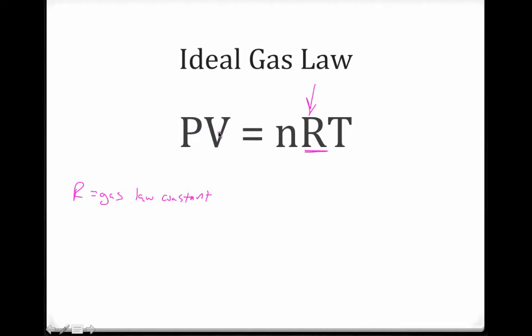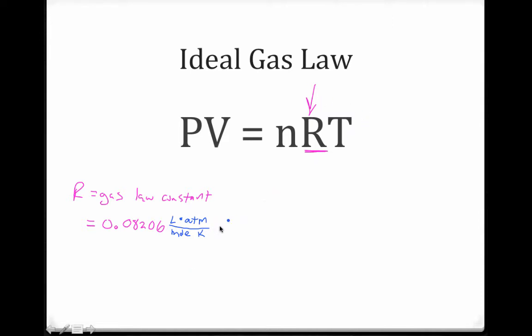They recorded pressure, volume, numbers of moles, and temperatures, and solved for that value of R. Over many iterations, we found that the value of R is 0.08206. And here's the interesting part, the unit: liter atmospheres per mole Kelvin. So it's got a very complex unit that goes along with it.